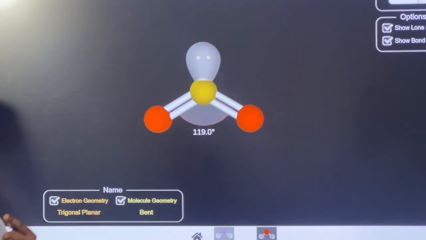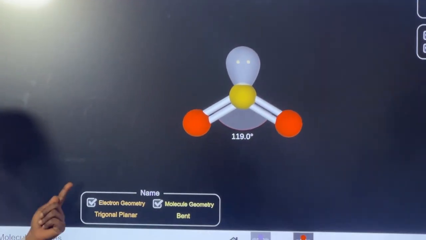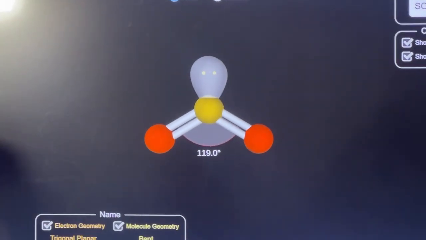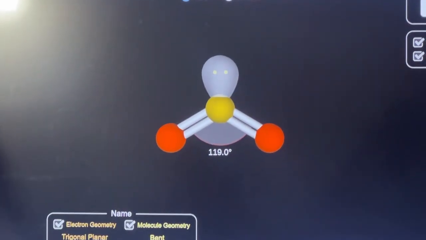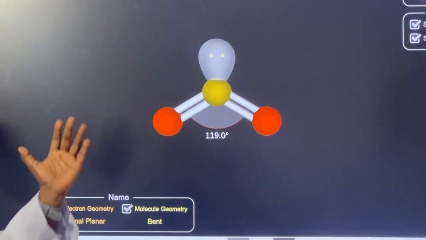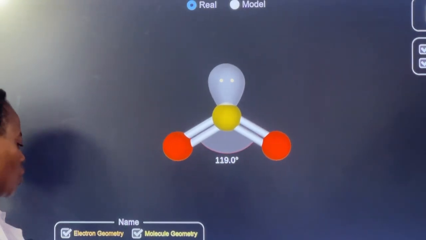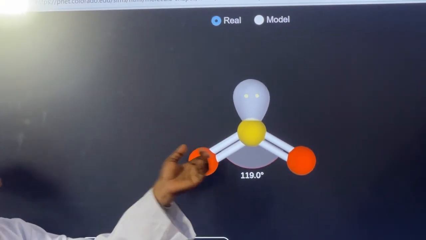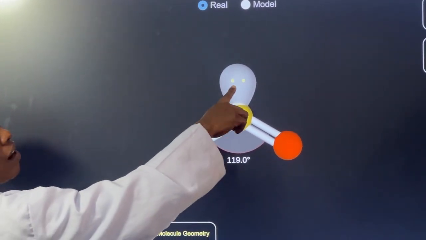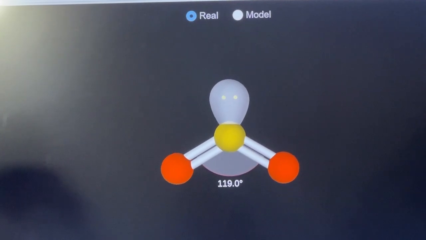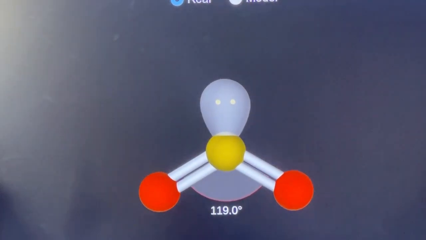It's also bent, but there is a difference in the electron geometry. The electron geometry for water was tetrahedral, if you remember. Because why? We're having 4 things, including the lone pairs of electrons. But if you look at your sulfur 4 oxide, we only have a lone pair, unlike in water molecule, where we have 2 lone pairs, making it 4.